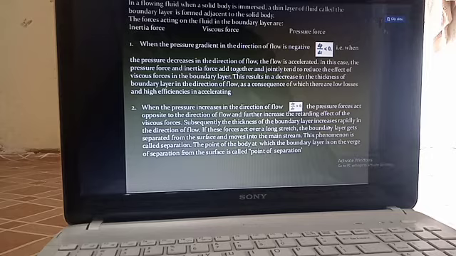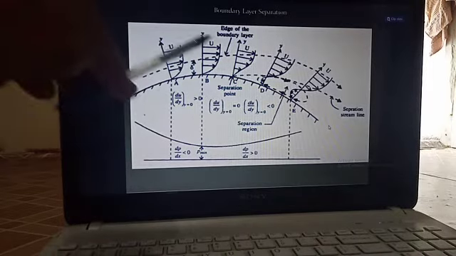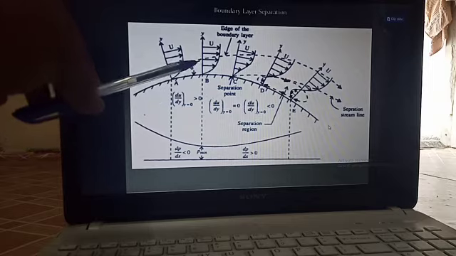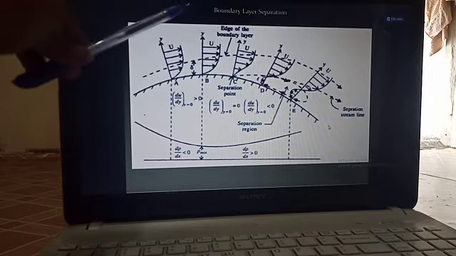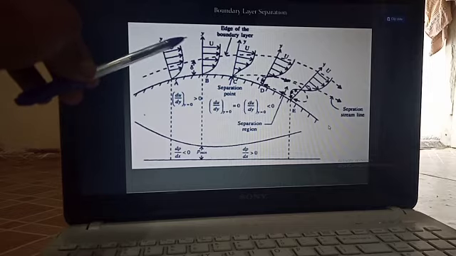That is why there are low losses and high efficiencies in accelerated flow. So in this region the thickness will be less due to the retardation of the viscous force by the pressure force and inertia force.